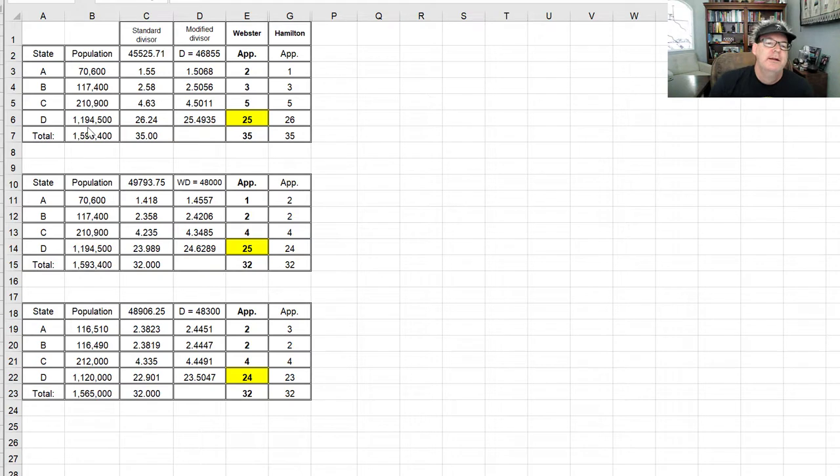But if I look at this hypothetical country of these four states, if these are the populations, sometimes D has a significant portion of the entire population. So this would be the standard divisor, this would be the standard quota right here in this column.